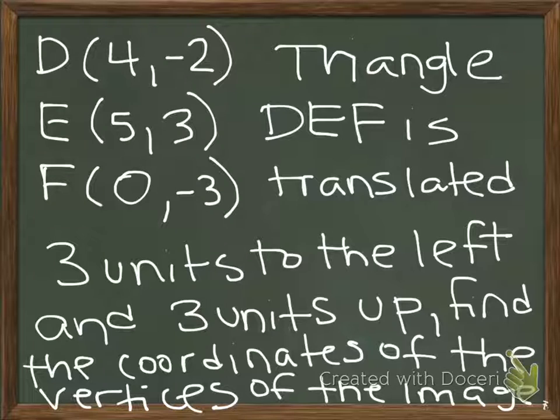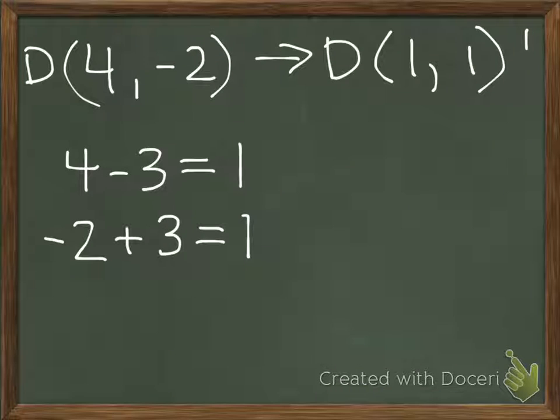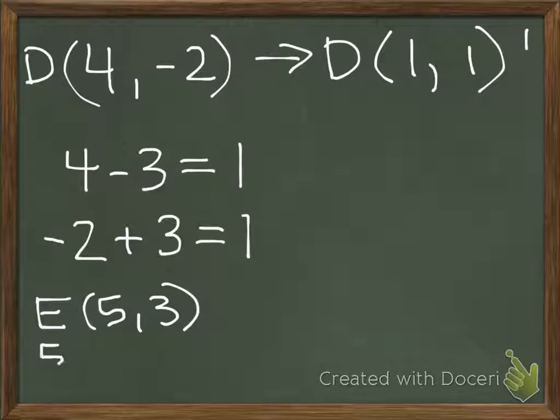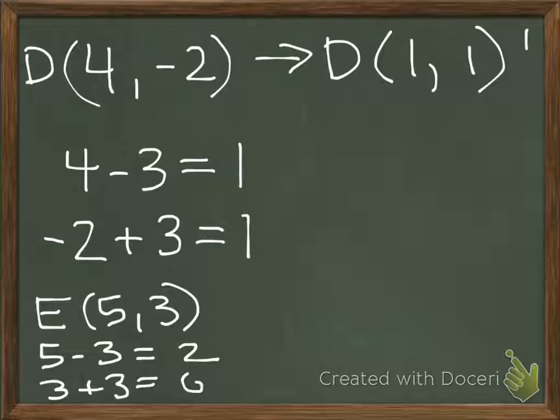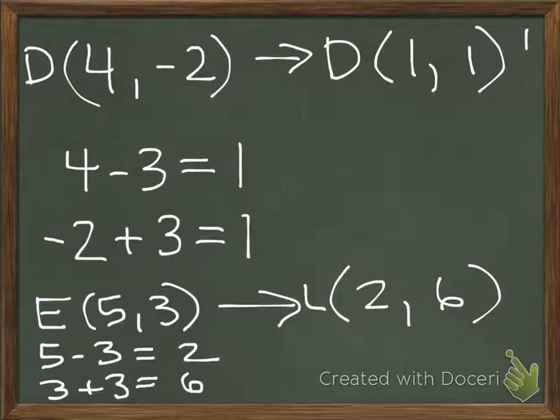We do the same thing for the next point, E. So E is 5, 3. If I'm subtracting 3 from the x, that gives me 2. If I'm adding 3 to the y, that gives me 6. So my new E is 2, 6.